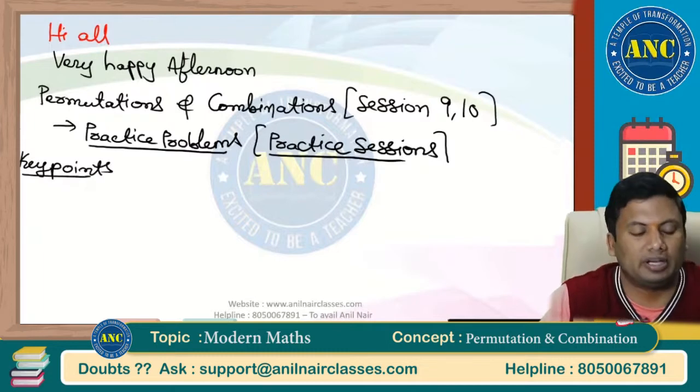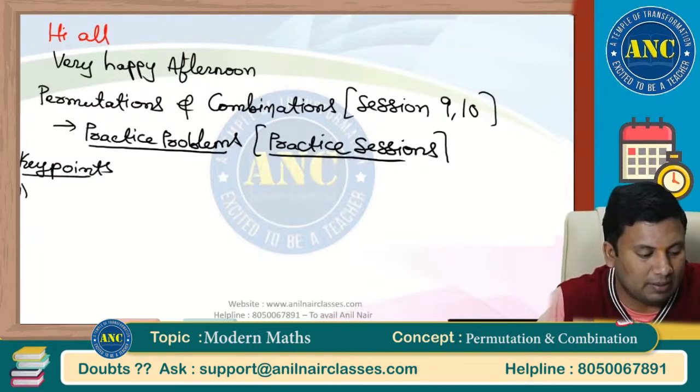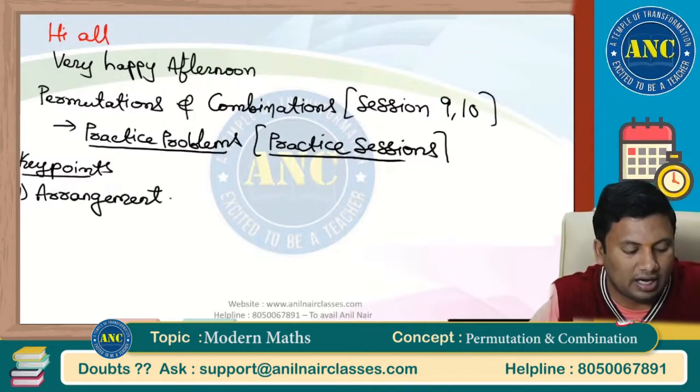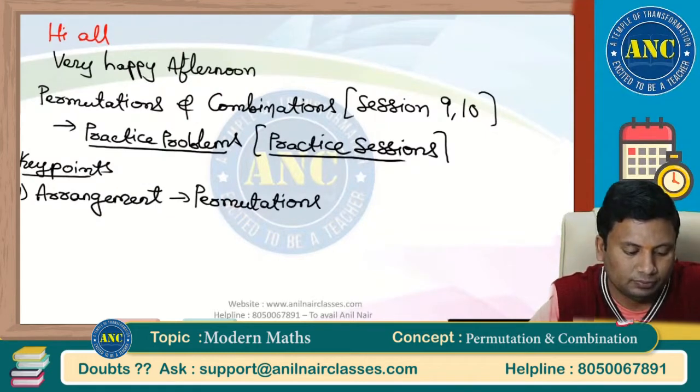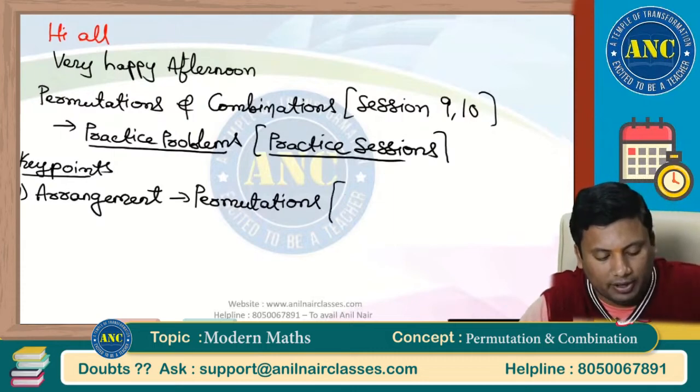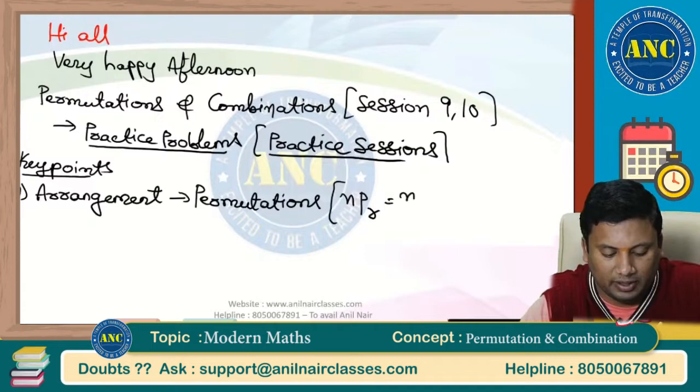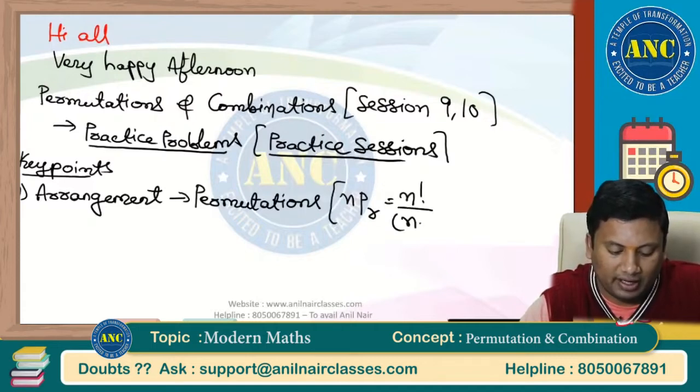First key point, whenever there is a word arrangement, use permutations. Permutation is nothing but arrangement. nPr is given by n factorial by (n minus r) factorial.